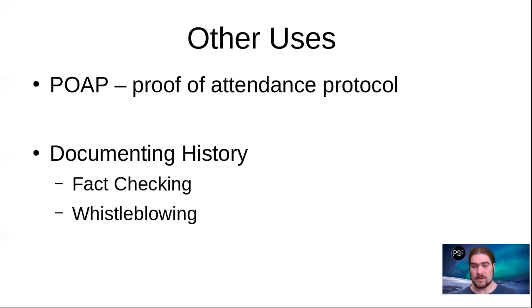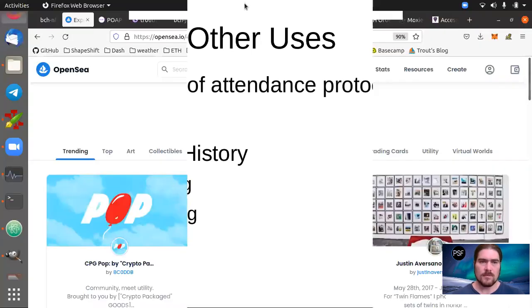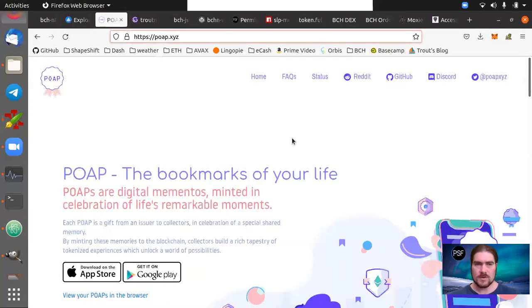Some other use cases of NFTs: a POAP, a proof of attendance protocol. This is actually a website you can go to, poap.xyz, and I've been in meetings with the Shapeshift DAO where everybody who attends the meeting scans a QR code and gets to claim their proof of attendance NFT.